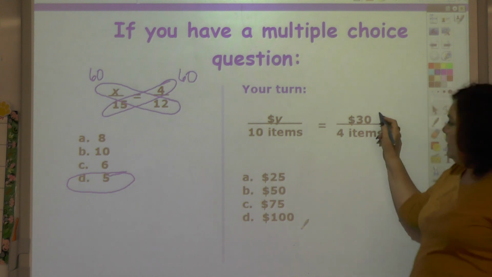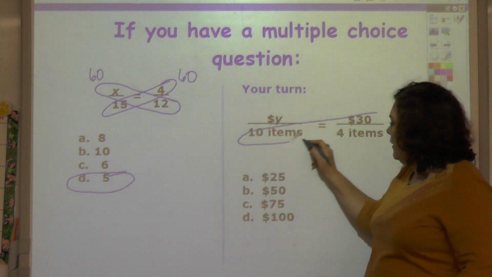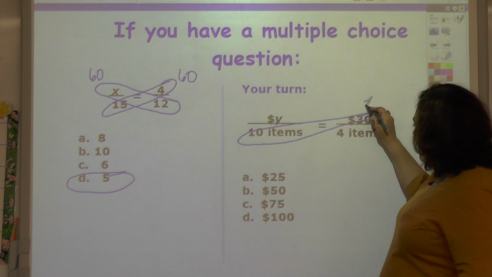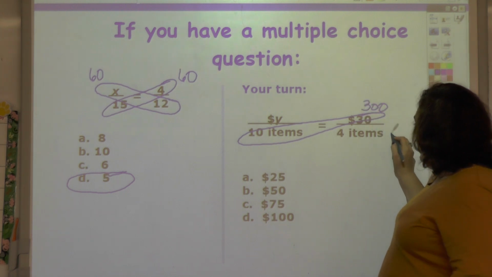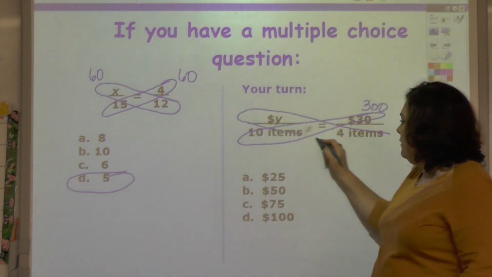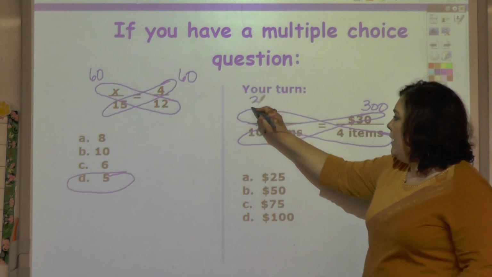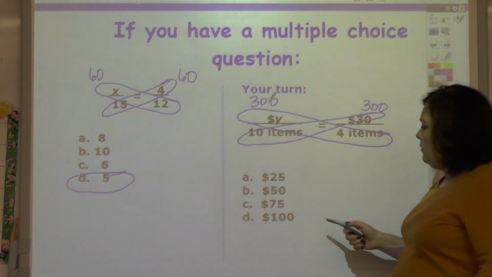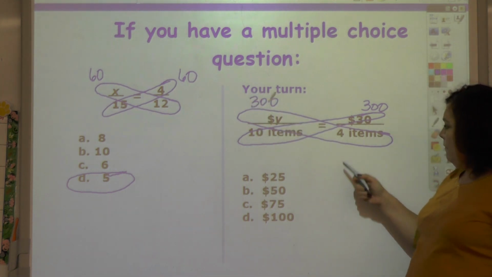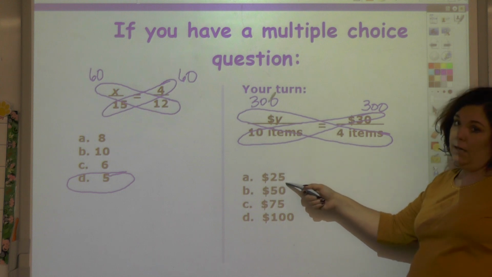So let's look at this. If I cross product here, I get 300, and then 4 times what number has to equal 300? So let's take my answer choices. 4 times 25 does not equal 300.